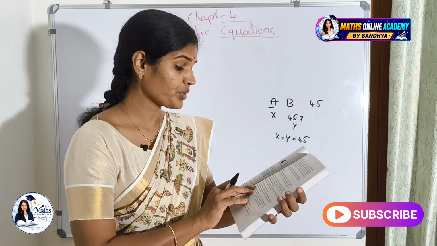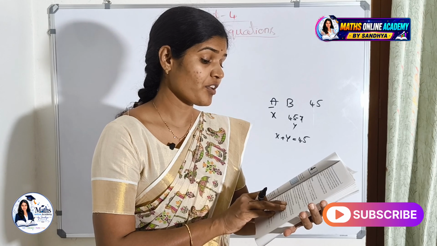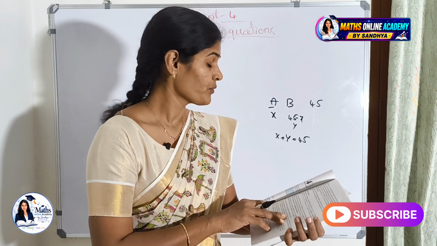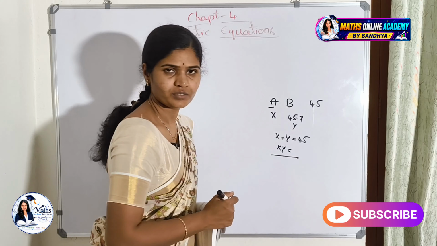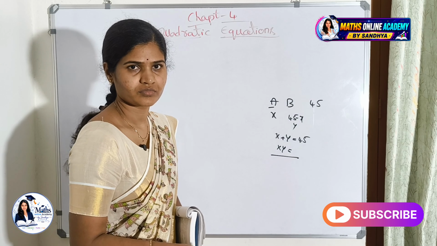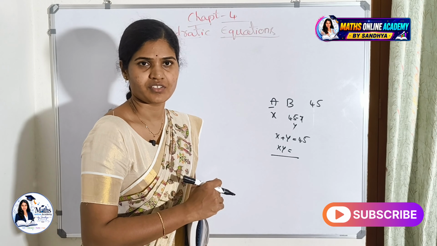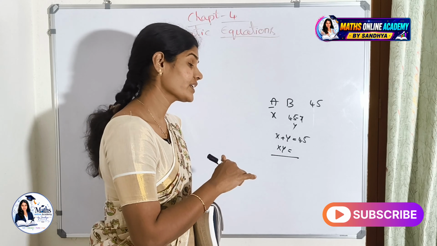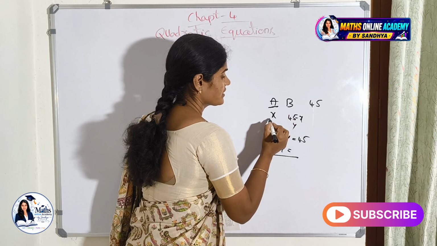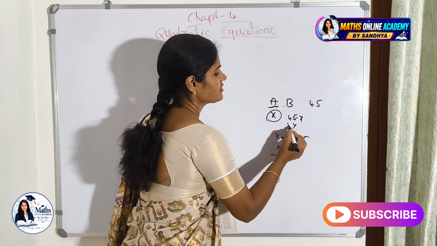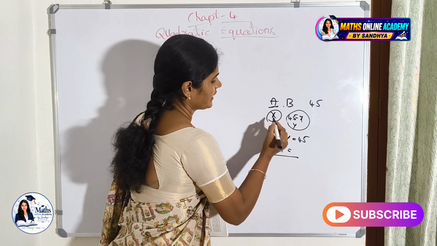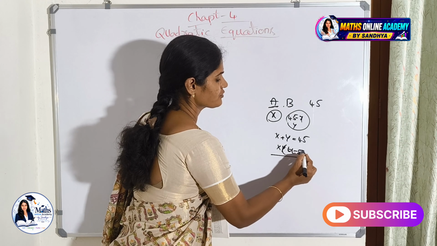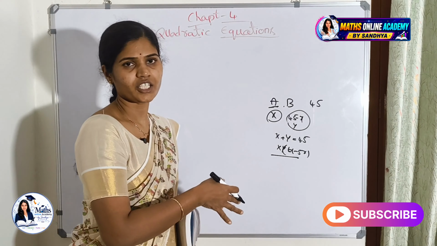The product of the number of marbles they have means x into y. Is that possible for a pair of linear equations? No. That's why here we take person A as x and person B as 45 minus x. In that case, x into 45 minus x is possible, and you get the quadratic equation.